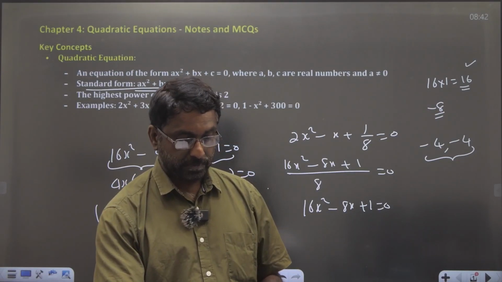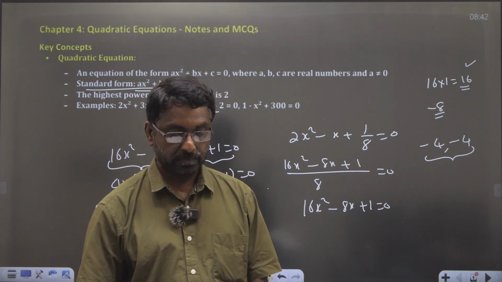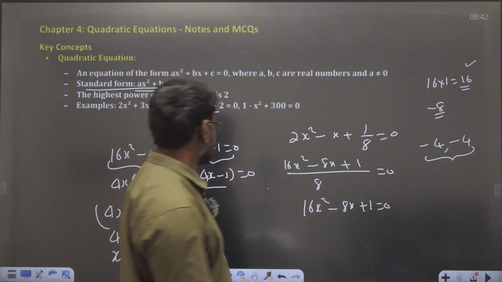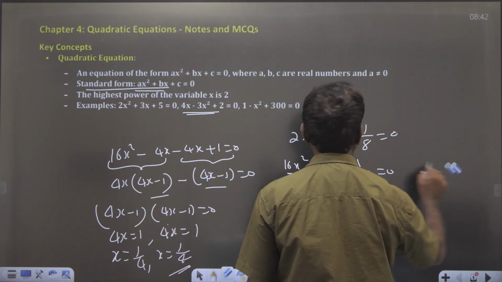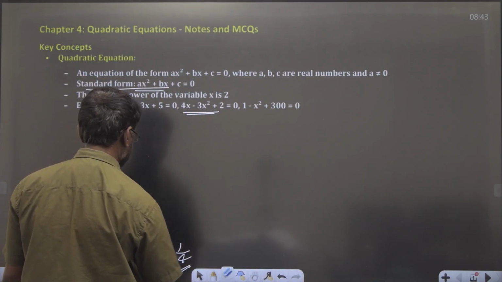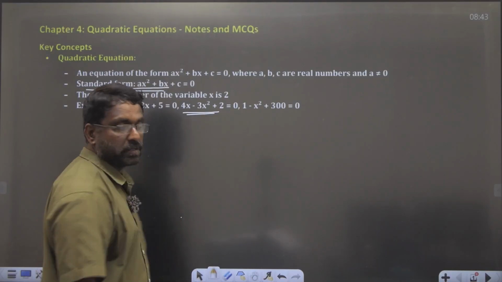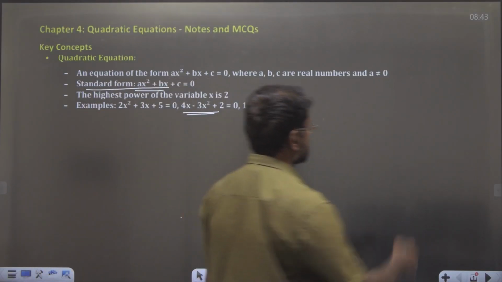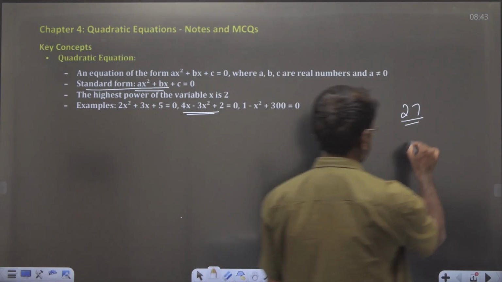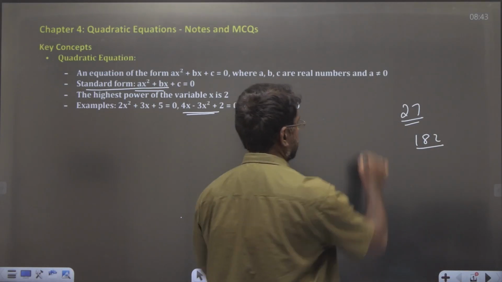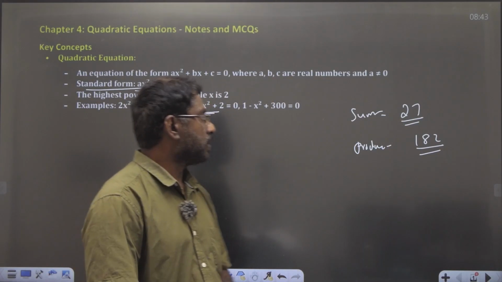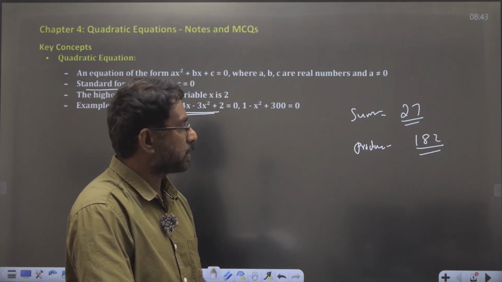Another question. Find two numbers whose sum is 27 and product is 182, using quadratic equation methods.